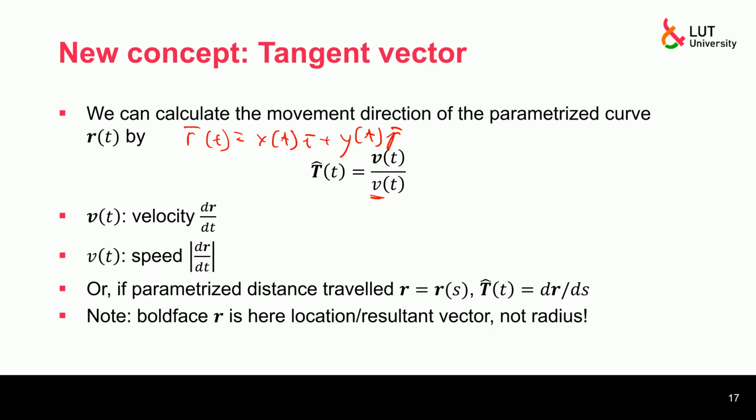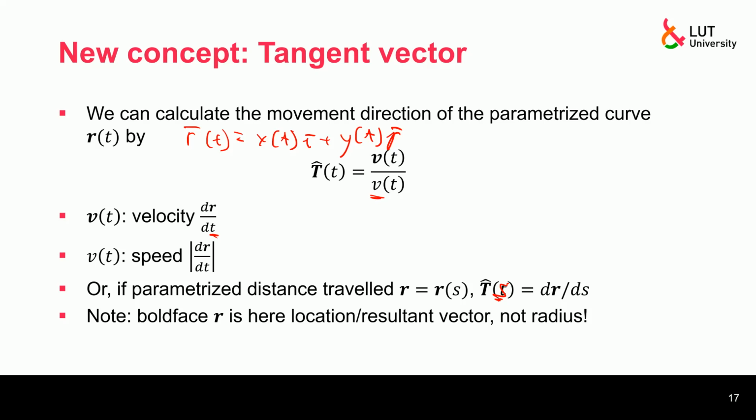Or in time, this should be s. So then we get just that. So if we have parameterized by distance traveled, then this is just the derivative here. But if we have parameterized by time or some other parameterization, then we need to consider the velocity.